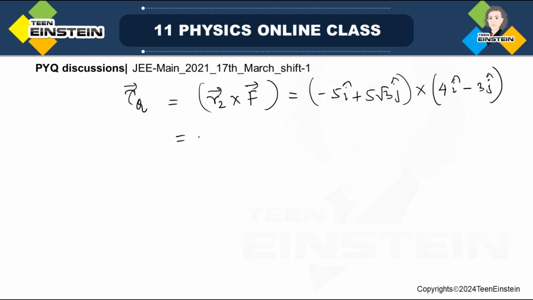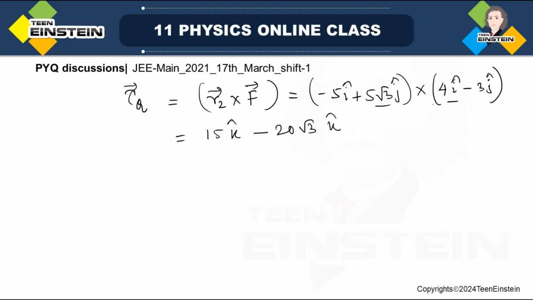Now it will not be 20. i cross i will give you 0, i cross j there will be 15, i cross j will be k cap, and j cross i will be minus k cap, 20 root 3 minus k cap.